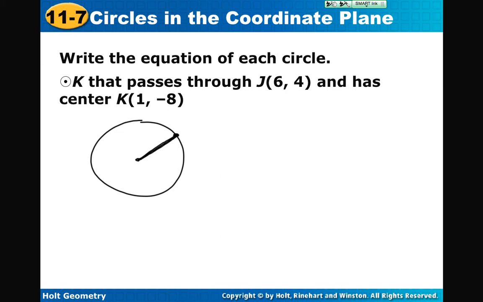So you have to actually plug in the 1, negative 8 and the 6, 4 to see what the radius is. The distance formula. So now that you've got the radius, write that.